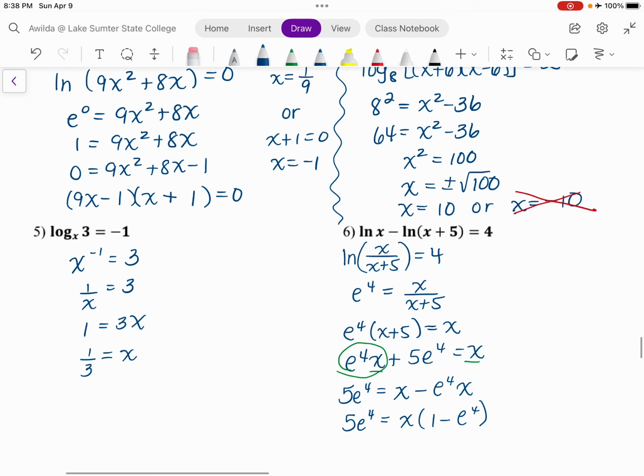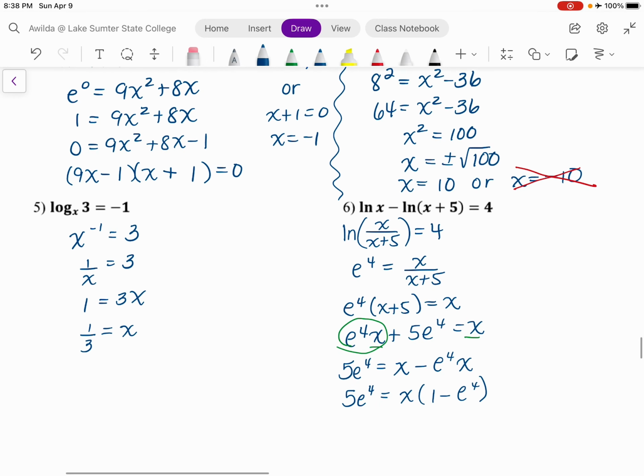And finally, I can divide both sides by this binomial that x is being multiplied by. Here is the exact answer for x. Again, if you want to convert this into a decimal approximation, you just carefully have to use a scientific calculator to write 5 times e to the 4th power, all divided by the quantity 1 minus e to the 4th power.